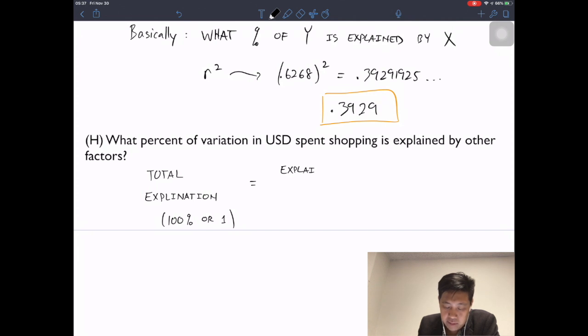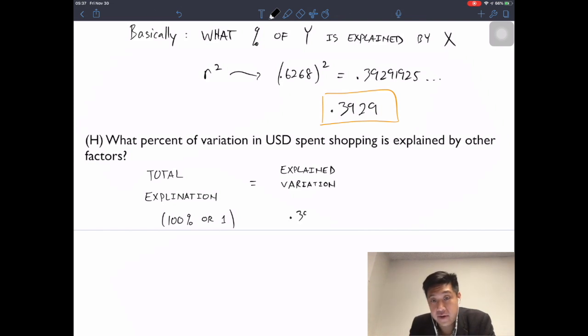It's considered explained variation because you know what the explanation is. In this case, it's the x variable. The explained portion is the number of hours spent shopping, right? Not the dollar value, the actual hours, the hours like in the shops and whatnot. Explained variation. That we found to be 0.3929.